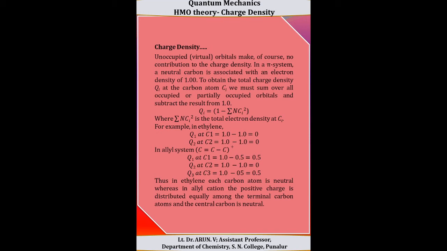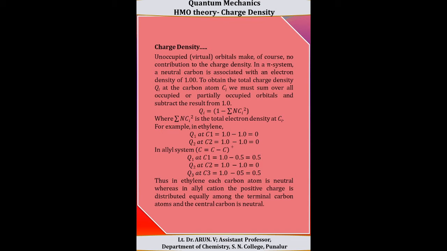The allyl system is represented by C double bond C, single bond C plus, that is, the allyl carbocation. Here there are three carbon atoms. The charge density at C1 is equal to 1 minus 0.5, that is equal to 0.5. The charge density at C2 is equal to 1 minus 1, that is equal to 0.